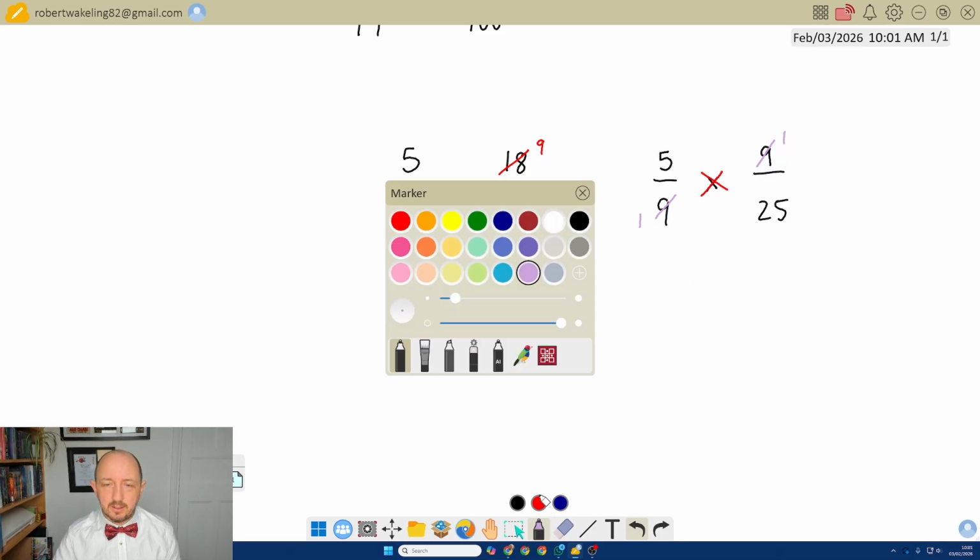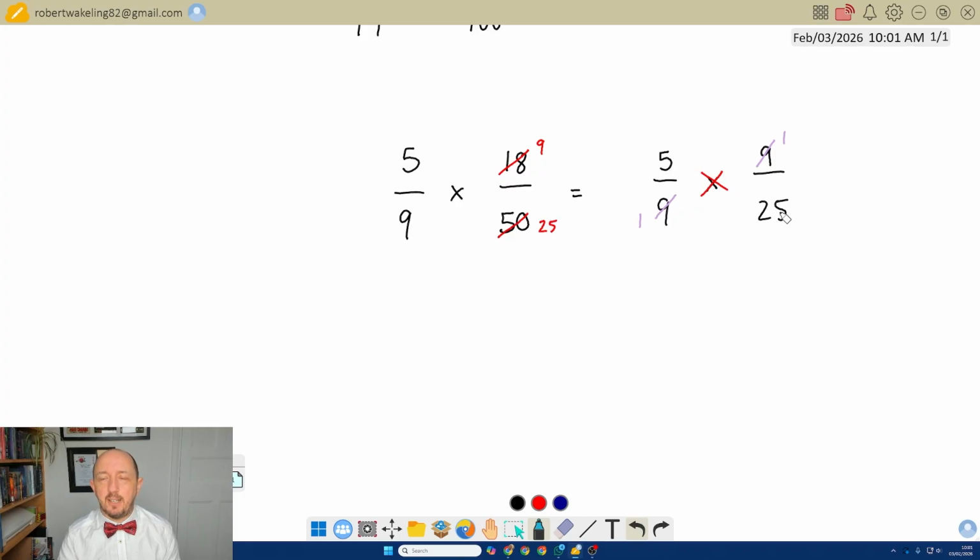And if we look at the other diagonal, we have 5 and 25. So 5's go into 5 once, and 5's go into 25 5 times. And now, when we finish this top times top, 1 times 1, and bottom times bottom, 1 times 5, all of that cancelling has been done for us.